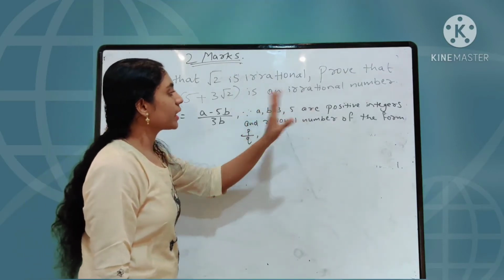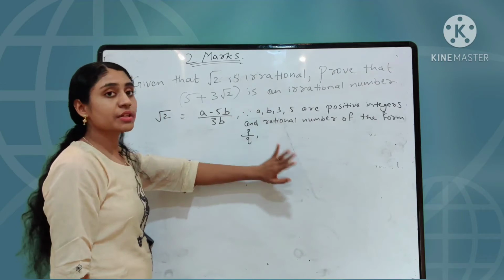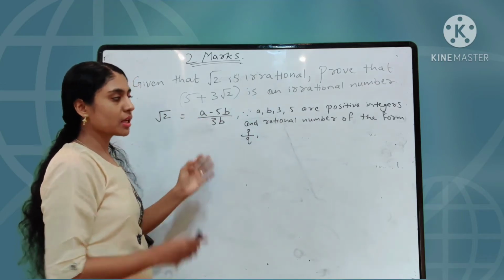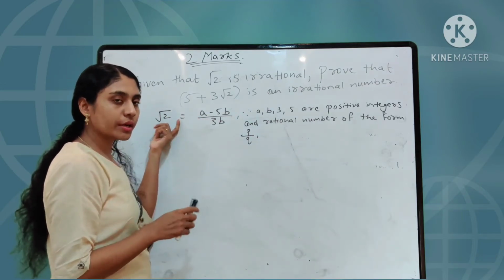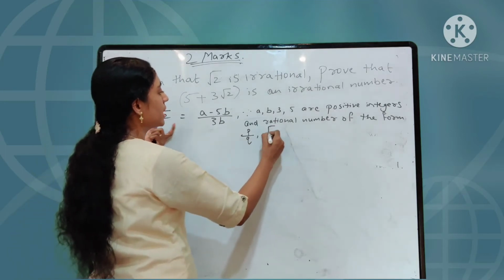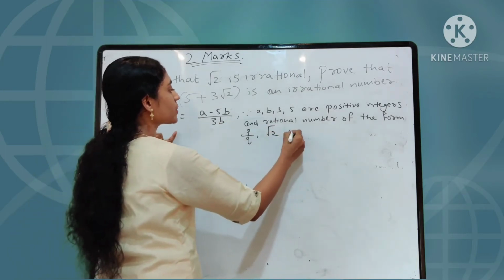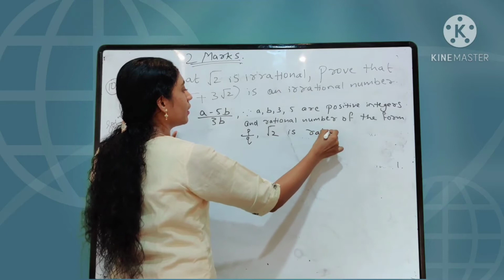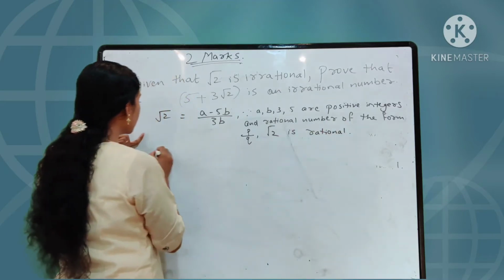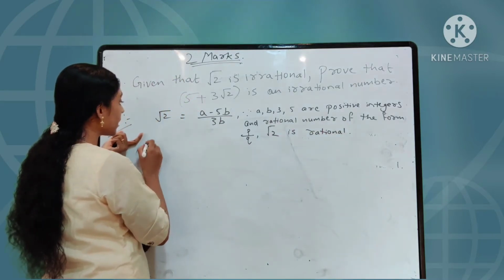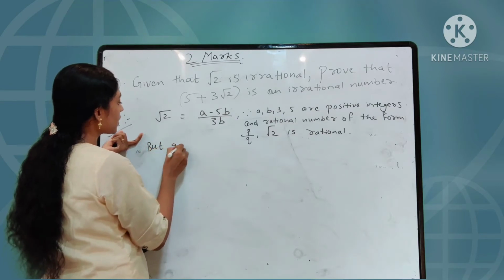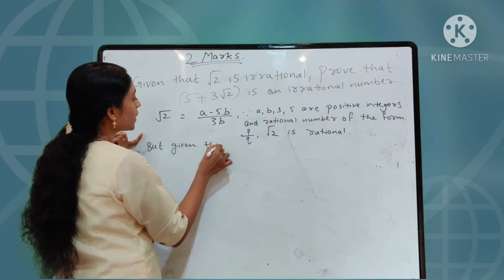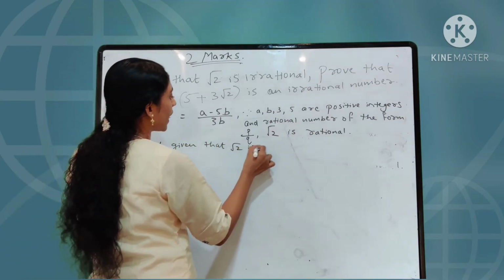That is, A, B, 3, 5 are positive integers and rational numbers of the p by q form, right? So the RHS must also be rational. So we can say that since RHS is rational, LHS root 2 is rational. This contradicts the given fact that root 2 is irrational, right?